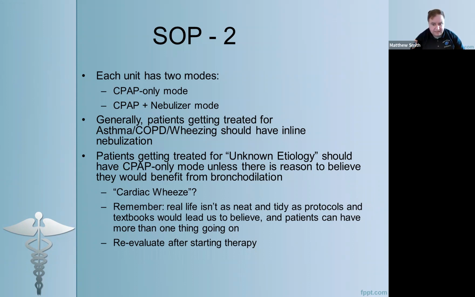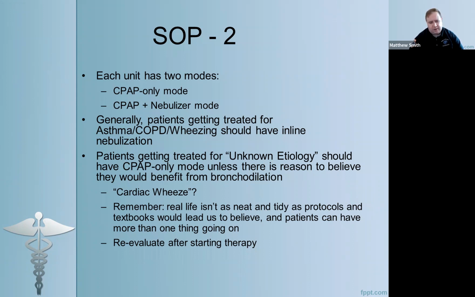Remember that real life isn't as neat and tidy as our protocols and textbooks would have us believe. And so patients can have more than one thing going on, right? Somebody can have CHF and asthma. It does happen. There is the phenomenon of the cardiac wheeze, which can happen when you have a fluid buildup that can narrow the lumen of your bronchi and bronchioles and create a wheezing sound because of that reduced lumen.